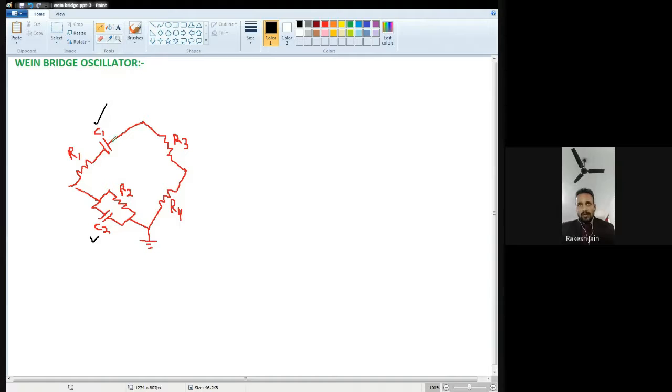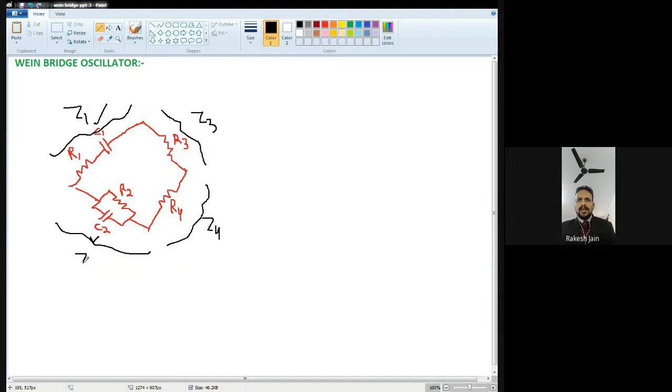Now, to find out the frequency of oscillation, we should balance the bridge, and the condition for balancing the bridge is the opposite arm impedance. For example, this R1 C1 first arm impedance is denoted by Z1. This fourth arm impedance is denoted by Z4. This third arm impedance is denoted by Z3, and this second arm impedance is denoted by Z2.